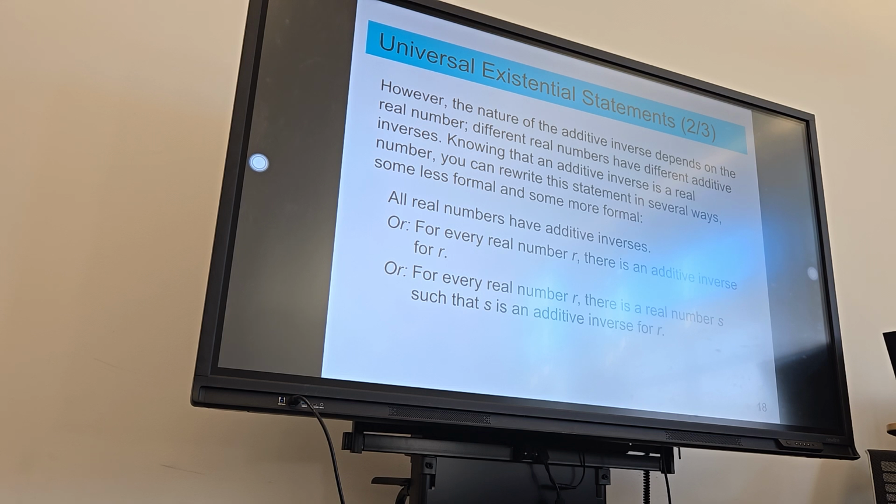So all real numbers have additive inverses. There exists one. So for every real number R, there is a real number S, such that S is an additive inverse for R. There exists a real number S that is the additive inverse.